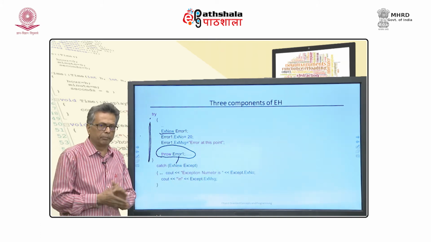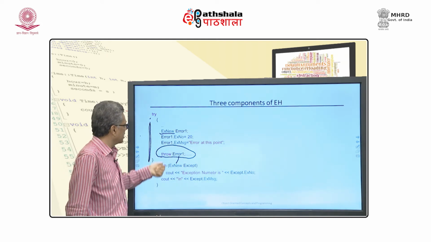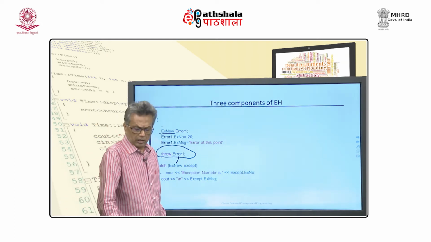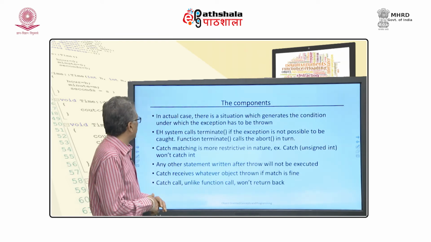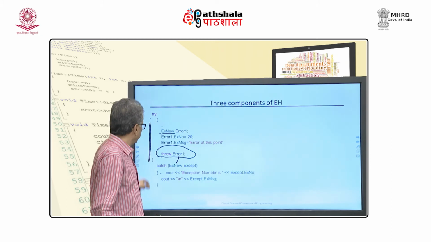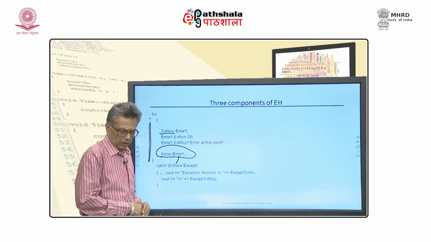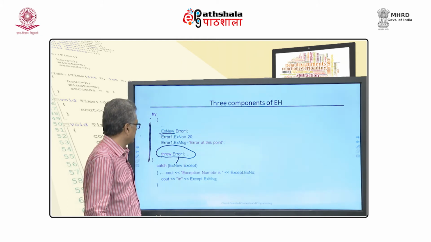Please understand that it is a very simple mechanism. In fact, all three of them can be a little more complex as well. One thing I must tell you is that the catch must immediately follow try. If it does not, it is an error.